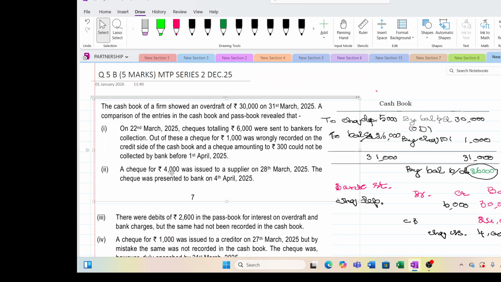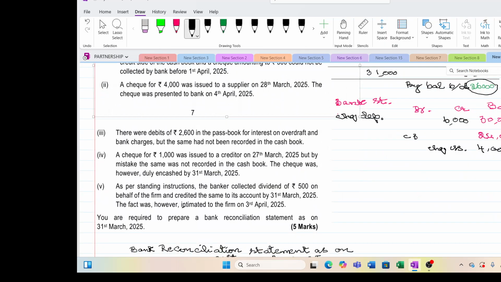Okay. Now coming to the next point, a check of 4,000 was issued to a supplier. Whenever you issue a check, immediately you write it in the cash book on the credit side. The moment you write it on the credit side, you are increasing the overdraft. But the check has not gone to the bank. As per bank statement, this check is not yet debited.